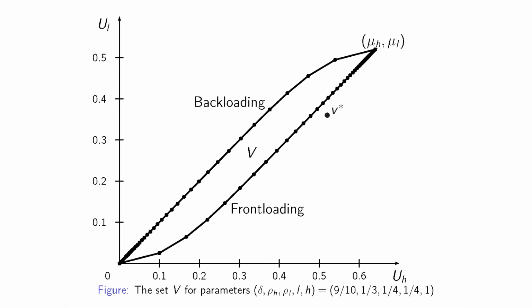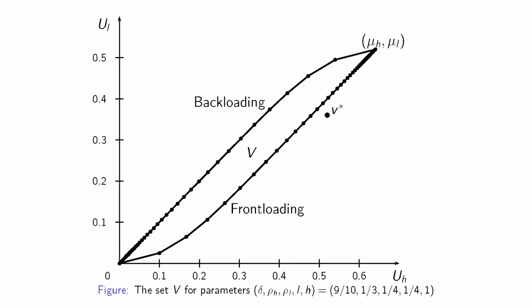And here, this V star is the promised utility to the agent if we use the first best policy in this game. You can see that this first best policy is not even in the feasible set. We can never achieve this point, even if we forget about optimality. Okay. Now, that's our second problem.